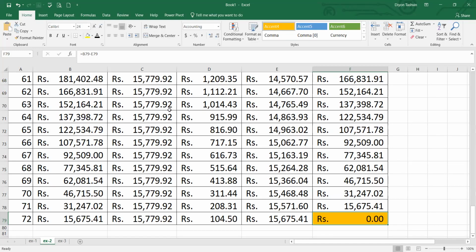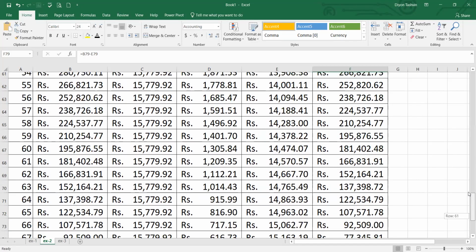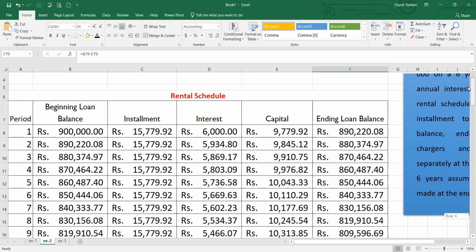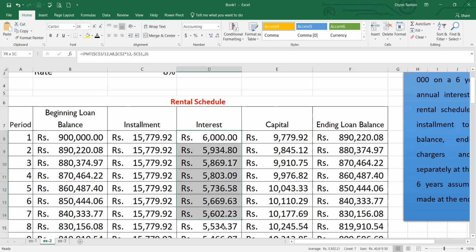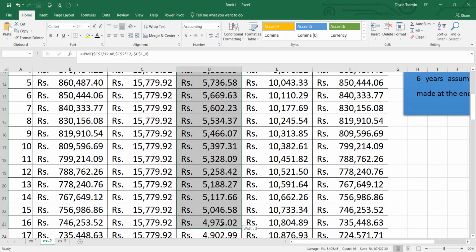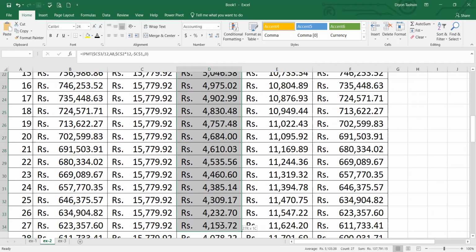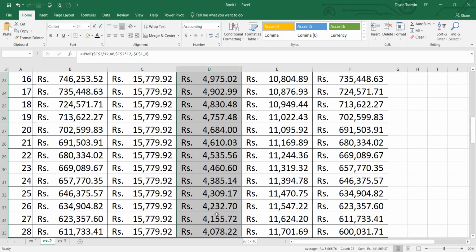Now I want to show you another thing. When you go through this schedule, you can see the interest is gradually decreasing. In the earlier terms, we are paying high, but at the end of the period, we are paying a lesser amount.